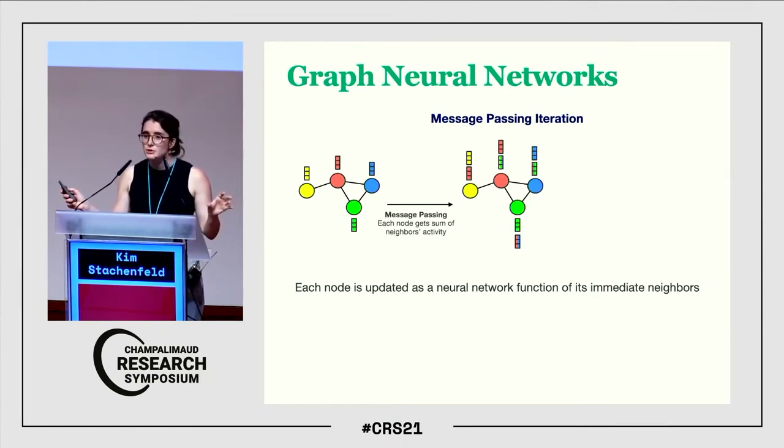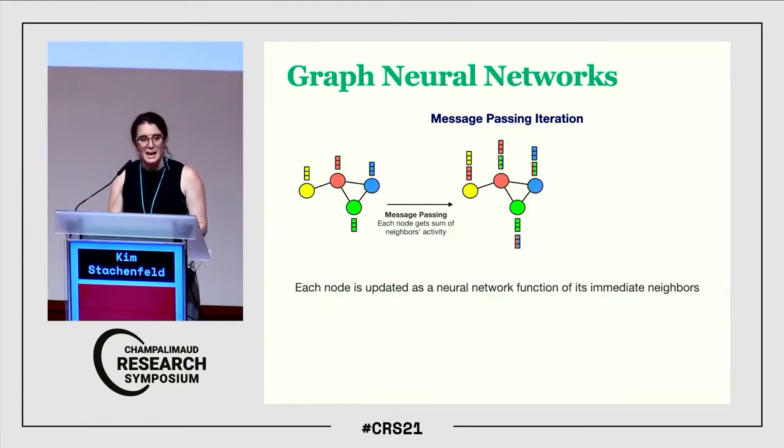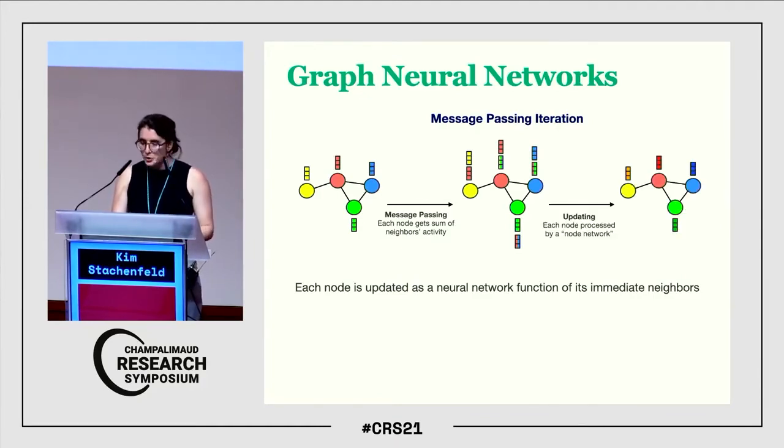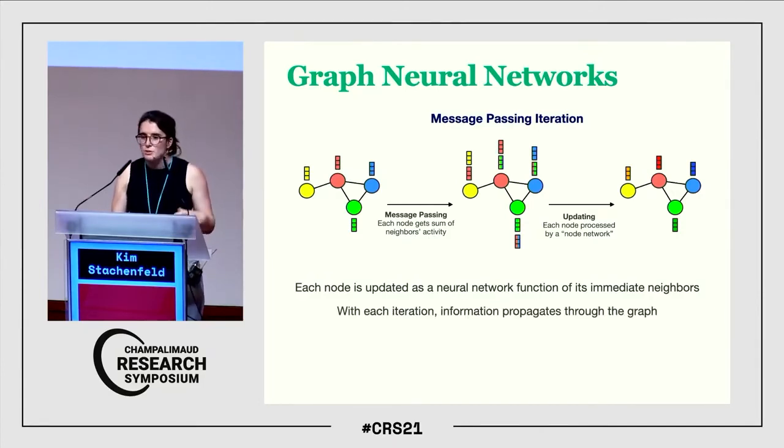So you're going to take the features from all of your immediate neighbors, the nodes that are one step away from you, you're going to sum them together, and you'll concatenate them onto your current feature representation. Then the neural network part is that you feed this through a neural network, and this becomes your new state representation for each node. So basically, you are propagating information through the graph and sending it through neural networks each time you pass it around. And this is often referred to as message passing.